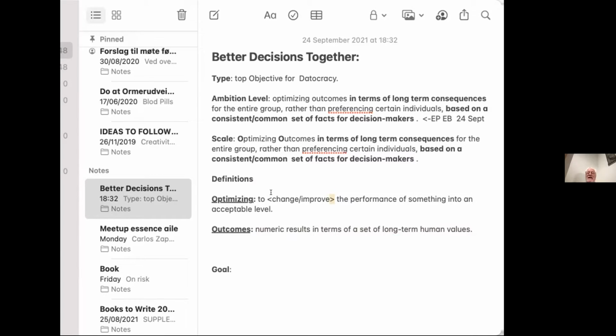The other thing I would add is, to me, optimizing conveys the idea of within a set of constraints. Okay, now I'm going to write within a set of constraints. How do you feel about that, Ernest? Would you say acceptable, or should I put it in another place, or do you not like it?